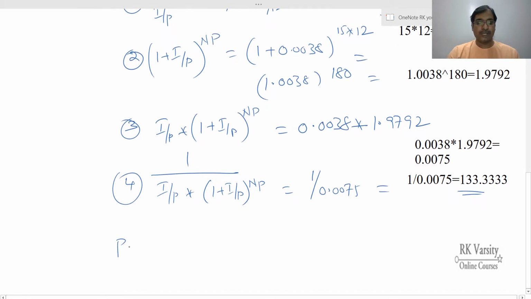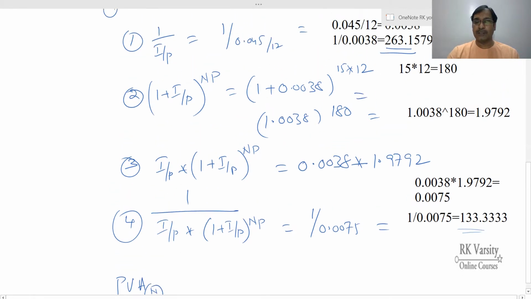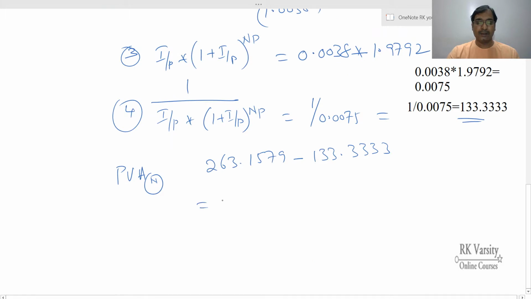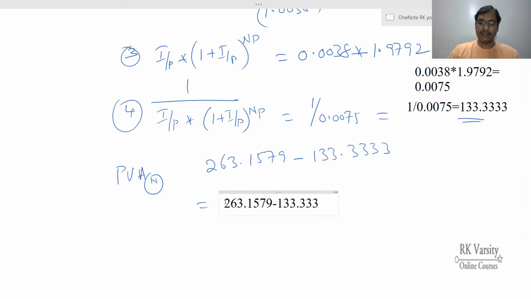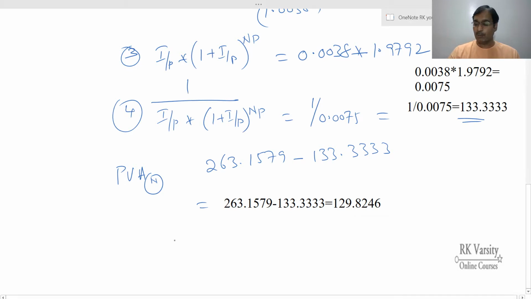Now we'll substitute these values, 263.1579 and 133.3333, to get your present value annuity factor, ordinary, with multiple compounding. So 263.1579 minus 133.3333 equals 129.8246.